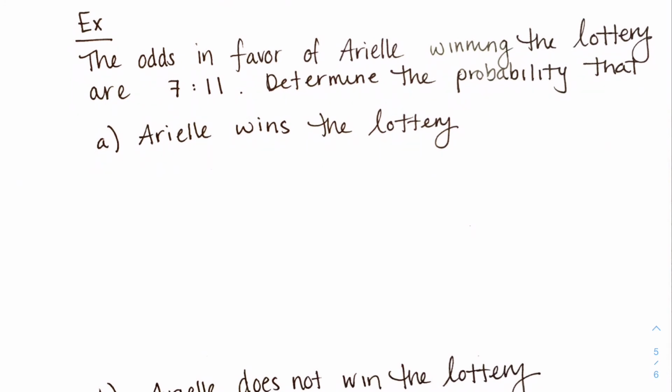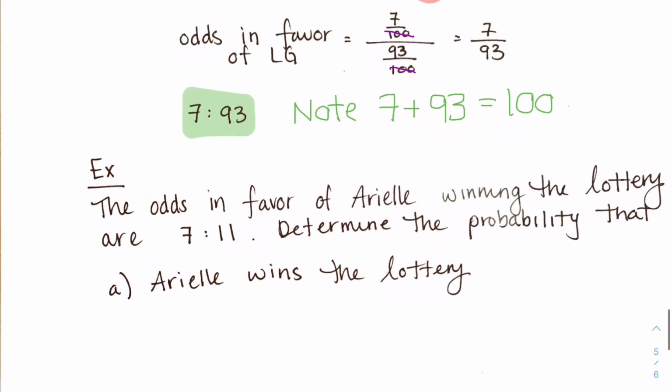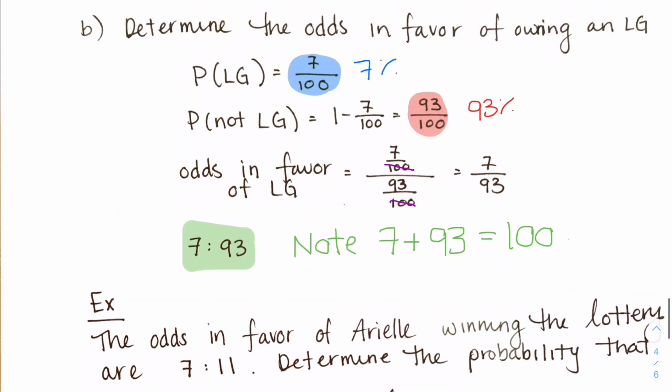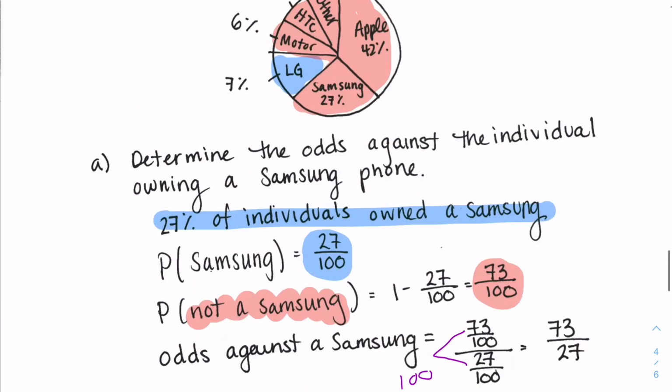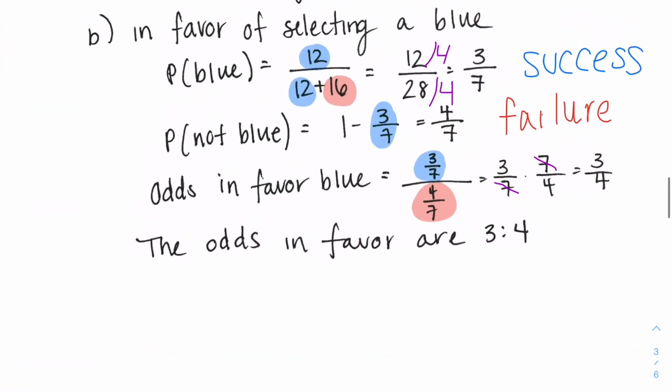So we're going to utilize this in this one last example. The odds in favor of me winning the lottery are 7 to 11. So we want to now kind of reverse engineer this, and we want to determine the probability that I win the lottery. So what we need to notice is the 7 and 93 added up to 100, which was our denominator. Same thing in our prior examples.